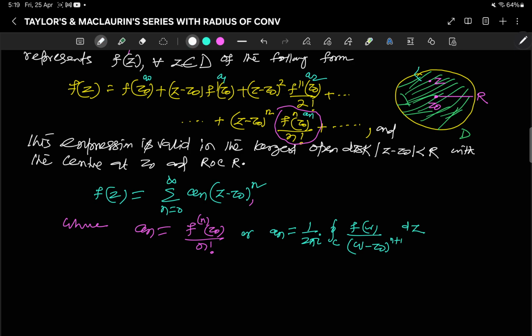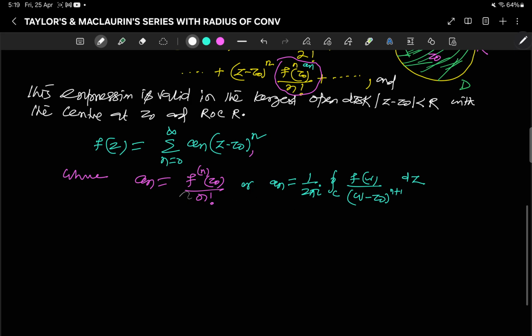Actually these two can be made equivalent in view of the Cauchy integral formula.